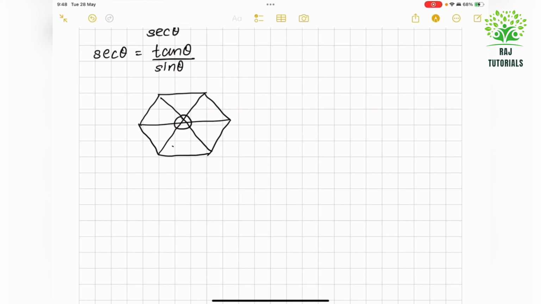And here it was written 1. This is my 1 in the center. And here it was sine, cos. So, if I take this one triangle, I can say sine square theta plus cos square theta equal to, here at the third vertex in the center I have written 1. So, this will be 1.